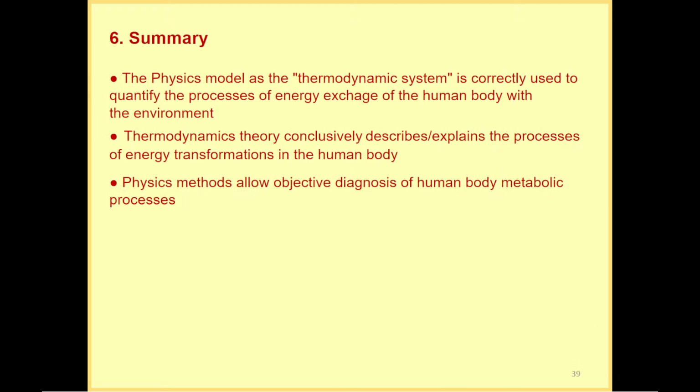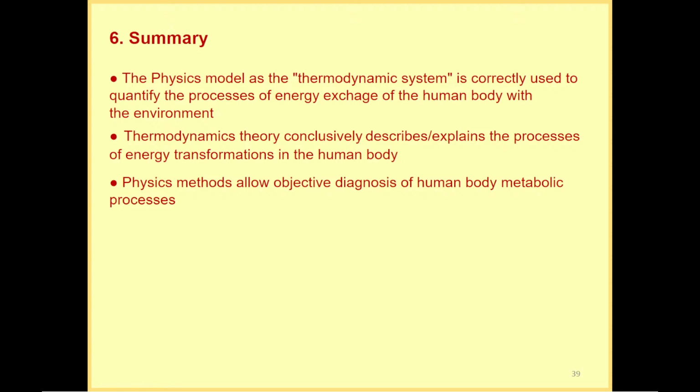So you can see one more example of a biological object whose behavior and property can be modeled by a physics model. And this property is measured and expressed by a physics quantity.